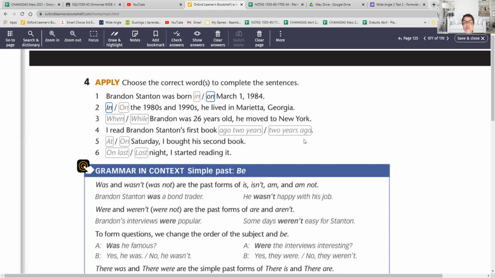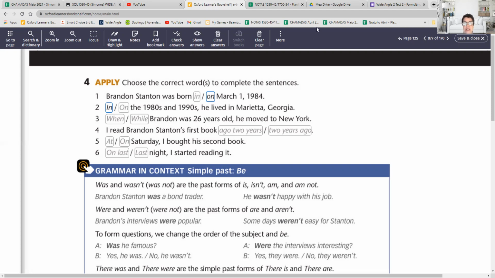So when I talk about an action in the past and the action has a duration, it's a long action. In the past, people used to say long actions and short actions. Then we use while for long actions.